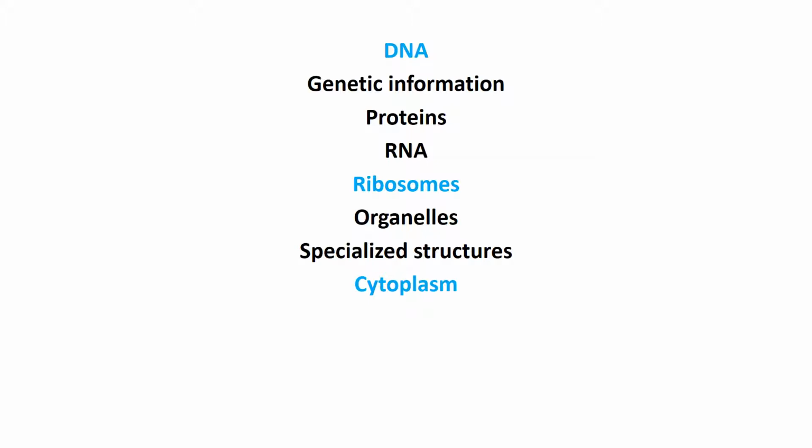All cells have ribosomes, and they're an example of an organelle. And organelles are just specialized structures. They're little organs. And all cells, finally, also have cytoplasm. The cytoplasm is just everything in the cell other than the nucleus, if the cell has a nucleus.